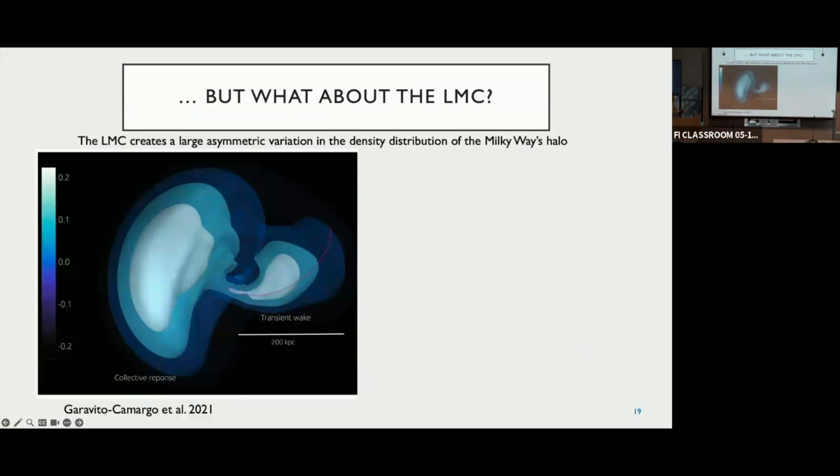You probably heard from Nico Garavito all about how the LMC is producing a wake, a collective response, causing the Milky Way disk to move towards the LMC and so forth. Nico's work showed a large asymmetrical variation in the density distribution of the Milky Way halo due to the LMC.